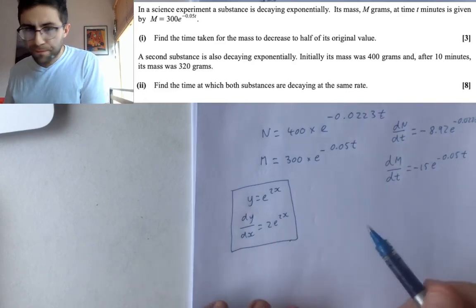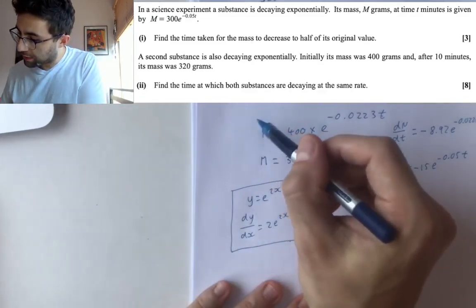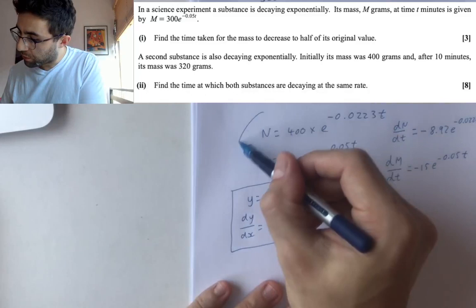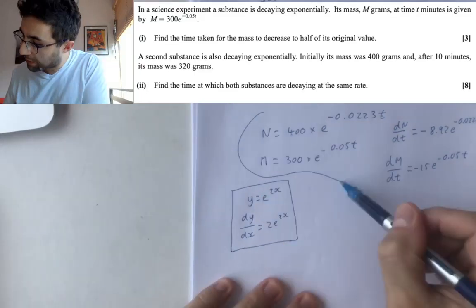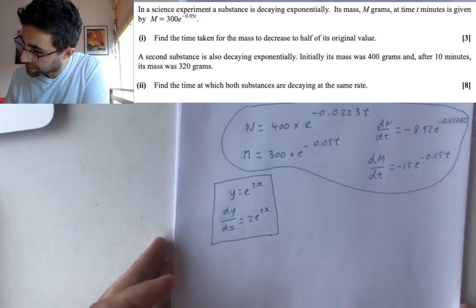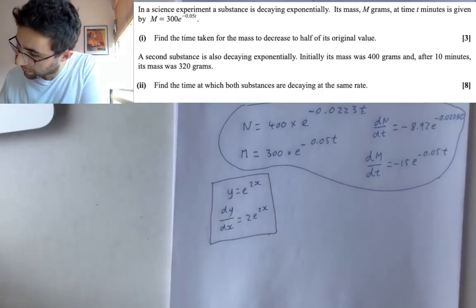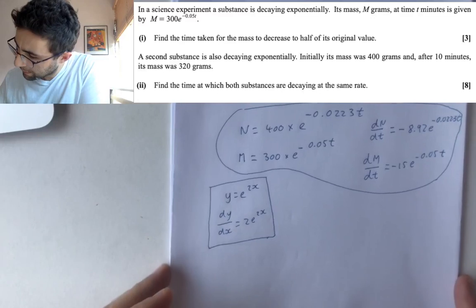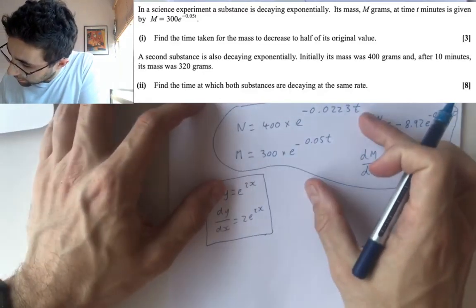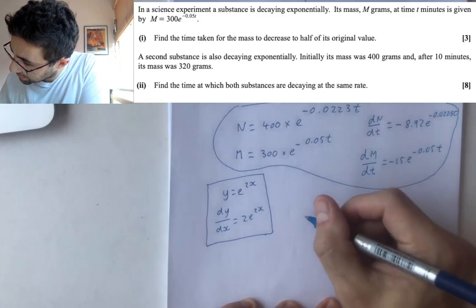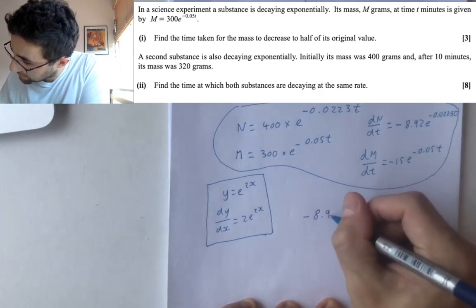Times by minus 1 both sides, and you can end up with e to the minus 0.0223t equals 15 over 8.92 e to the minus 0.05t.